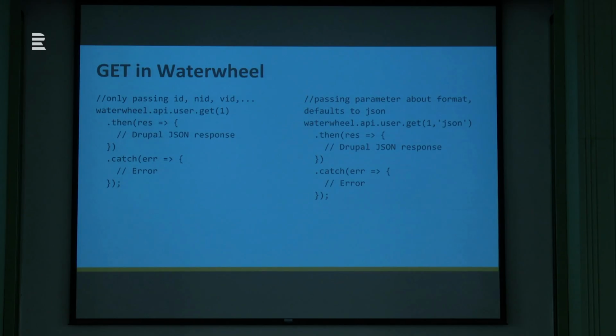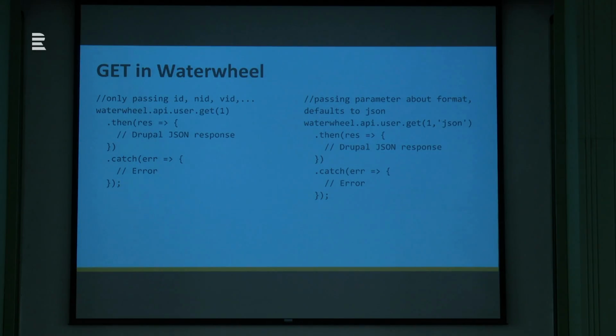This is how get looks in Waterwheel. So you would have the variable you instantiated in the previous slide, and then you would do a waterwheel.api.user.get. And then it will automatically pull the token, make the request, and return the response you want.